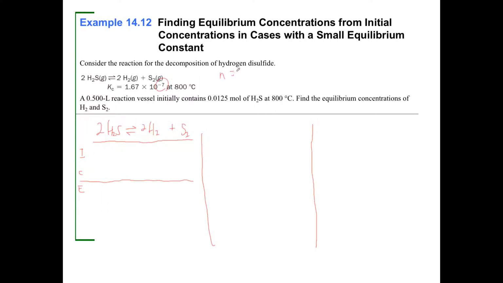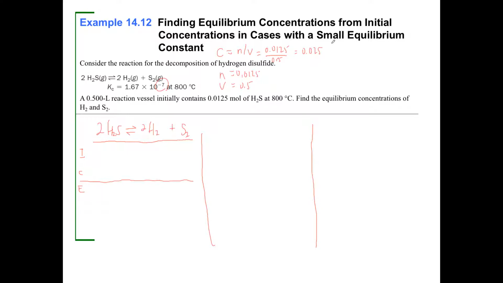So our moles, 0.0125, and our volume is 0.5, and so our concentration, which is equal to moles per liter, is equal to 0.0125 over 0.5, so it looks like this is going to be 0.025. My mind is gone right now.